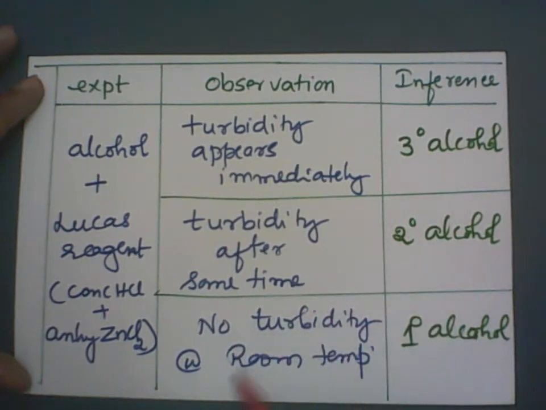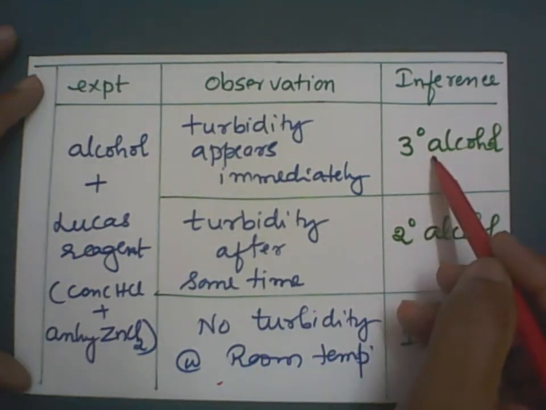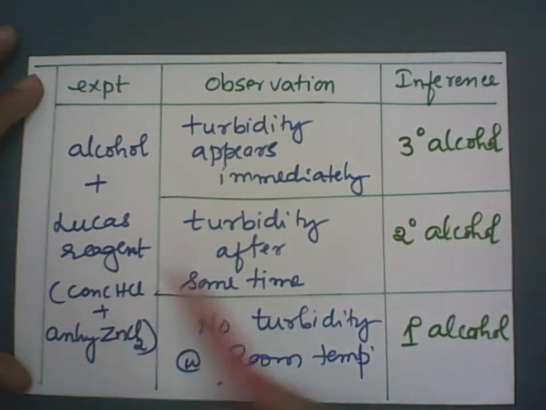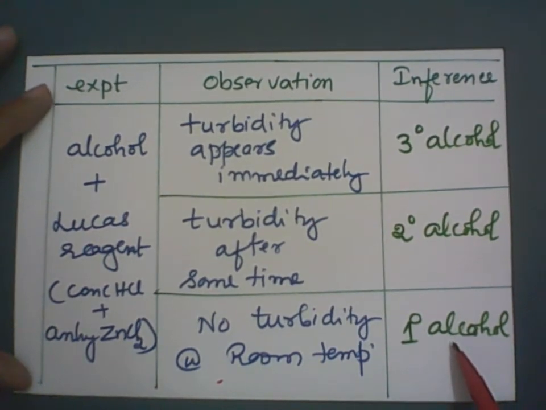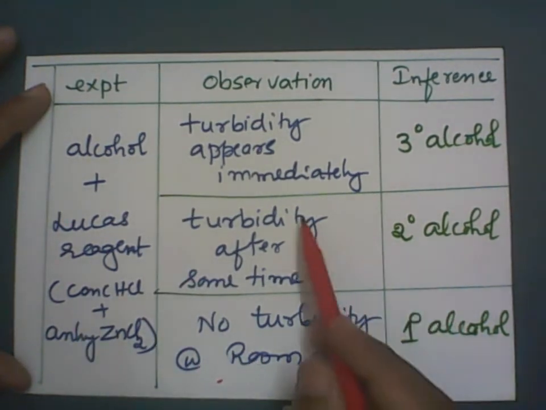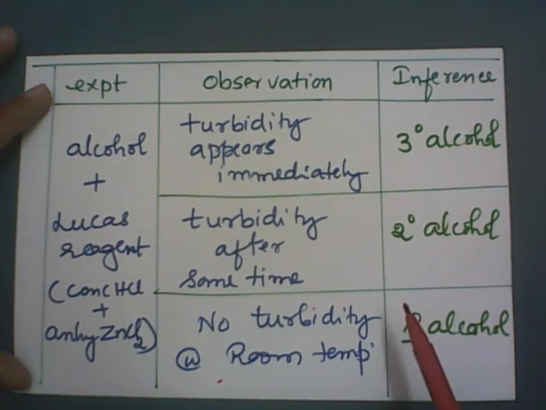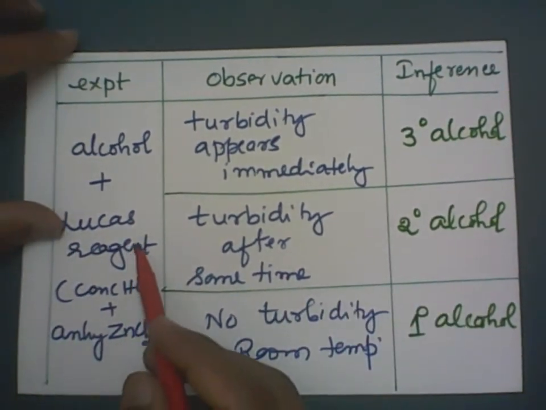No turbidity at room temperature means primary alcohol. Which means at room temperature, tertiary alcohol easily reacts with the Lucas reagent, primary alcohol is less reactive toward the Lucas reagent, and secondary alcohol is intermediate between the two. Clear? Which is the very highly reactive alcohol? Tertiary alcohol.